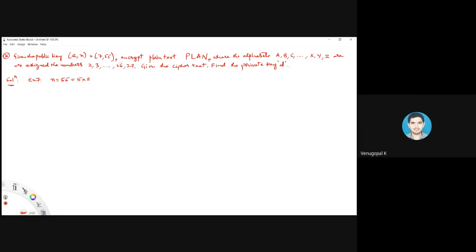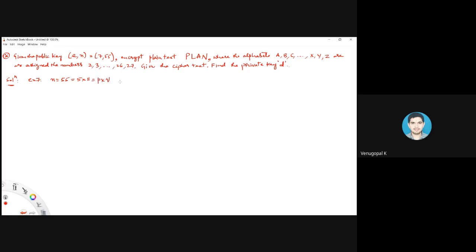Anyway, this is an example just to learn the RSA procedure, but in actual scenarios these primes will be really big. Only then the encryption will be secure. So let us call them P into Q.